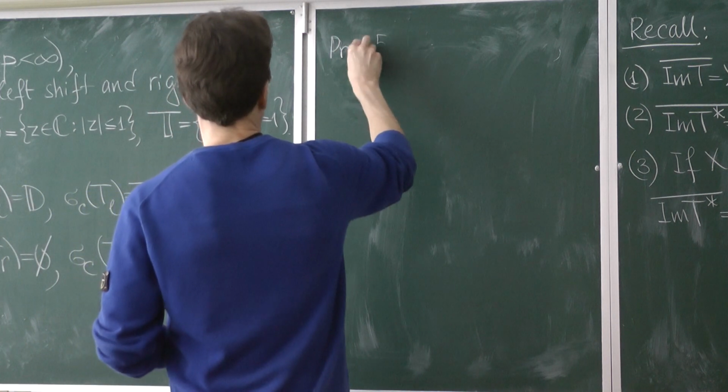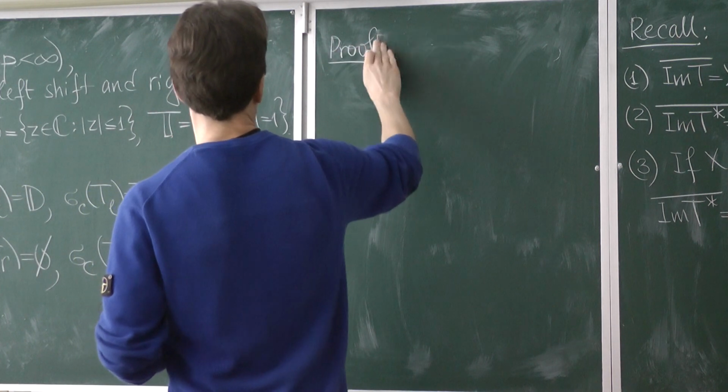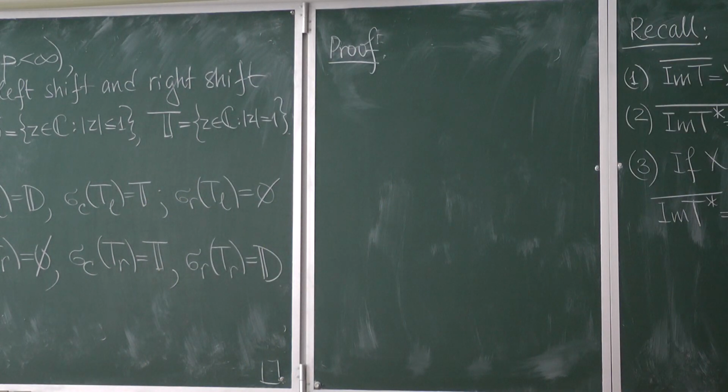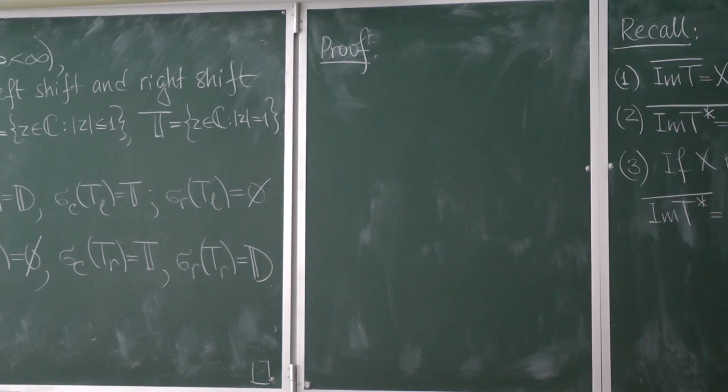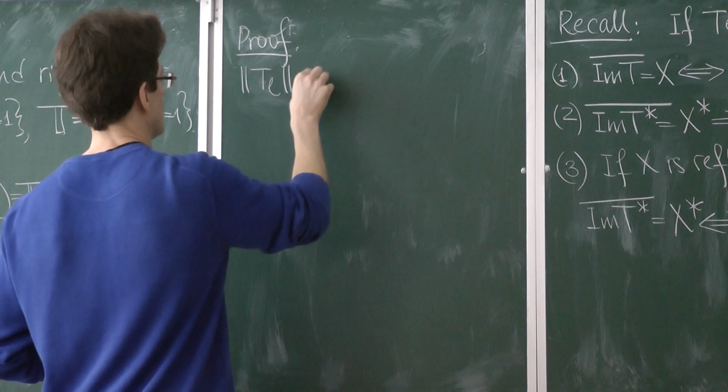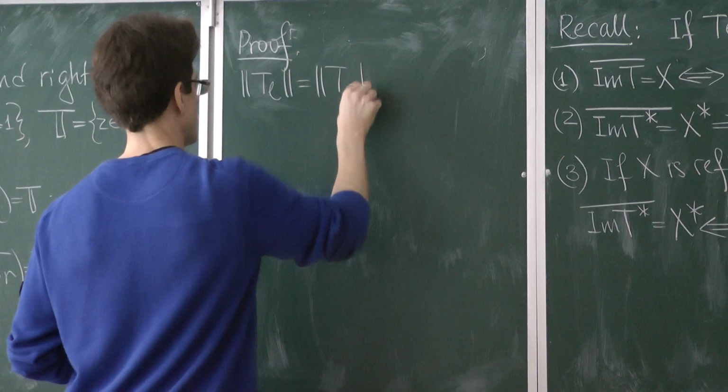Well, the shortest way of proving this result is to use these duality inclusions. So first of all, we observe that the norm of each of the operators equals 1. The norm of the left shift operator and the norm of the right shift operator is 1.